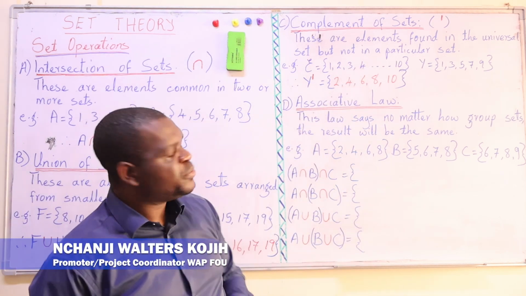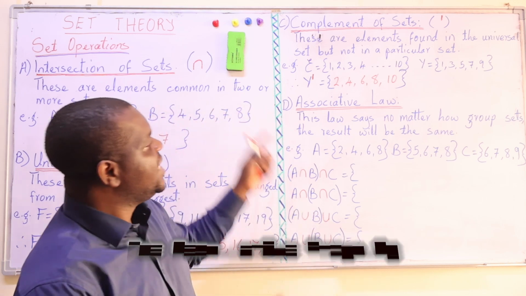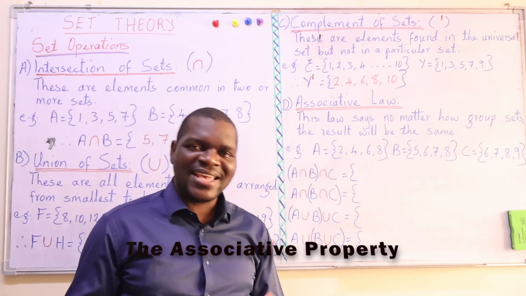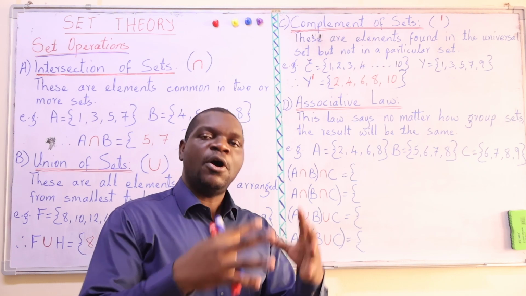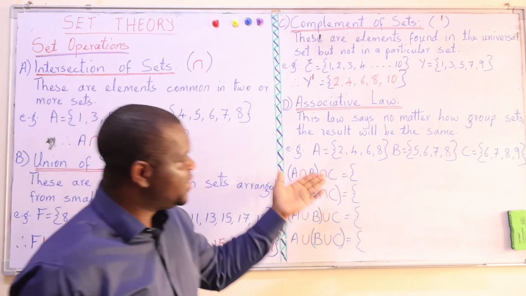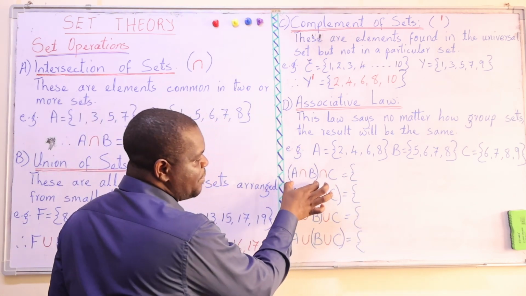Alright, let's go to the last aspect of our lesson today, which is the associative property. The associative law says that no matter how you group the elements of the different sets, it gives you the same result. Let's do this practically for better understanding. Let's first of all solve what is in the parenthesis.